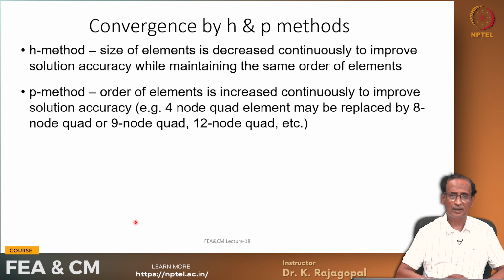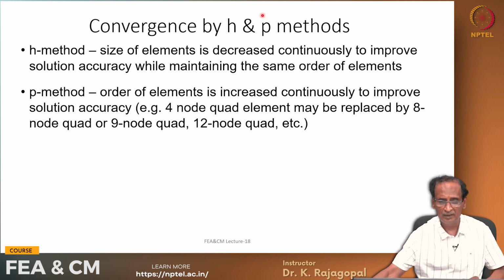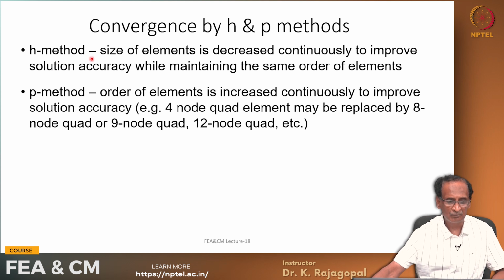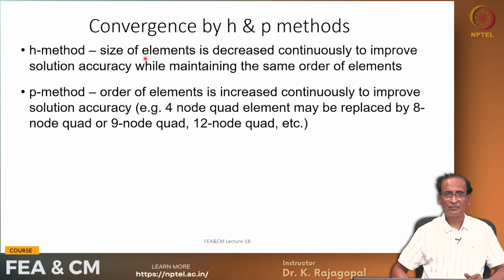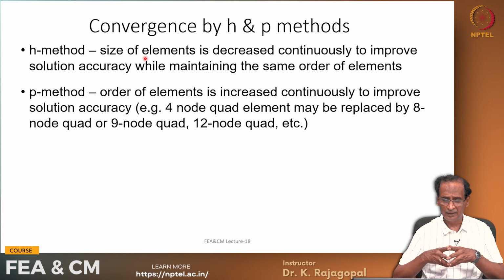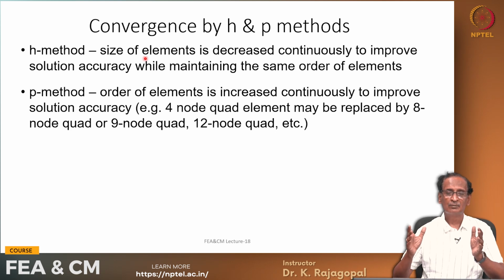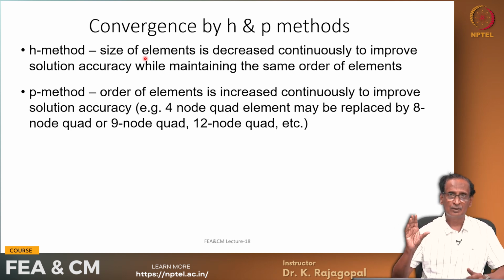Then how do we get convergence? See, there are two methods. One is the H method and the other is the P method. In the H method, the size of the elements is decreased continuously to improve the accuracy. So, you start with, let us say, 100 elements in the mesh, next you increase it to 200, then 300, 400 and so on, so that the size of the element goes on decreasing.